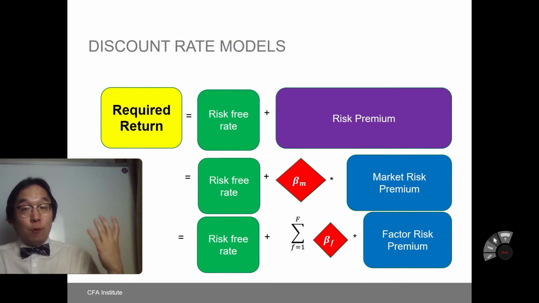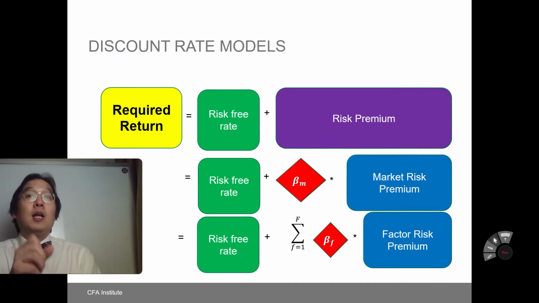If you want to go for more advanced finance, then you will realize that the capital asset pricing model is just one special model, whereas a more general model is there. What do I mean by more general?